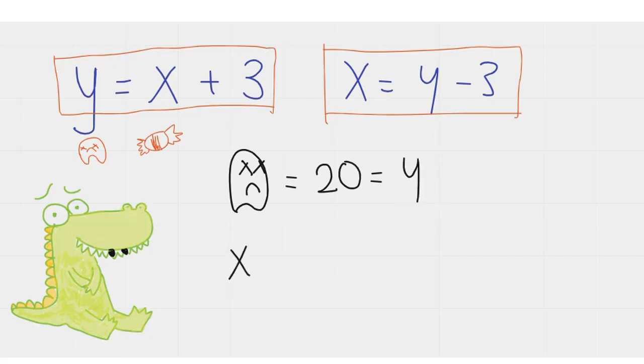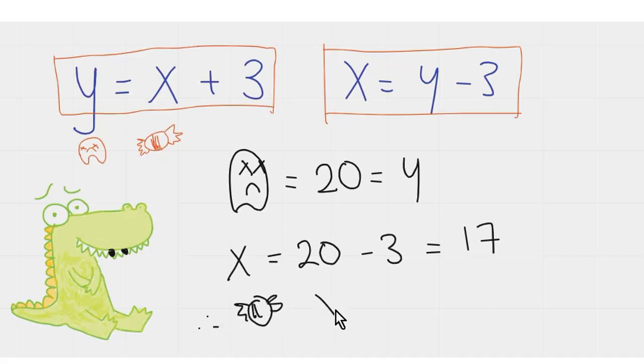So x is equal to 20 take 3, and that is equal to 17. So hence Alvin would have to eat 17 lollies if he will get 20 rotten teeth.